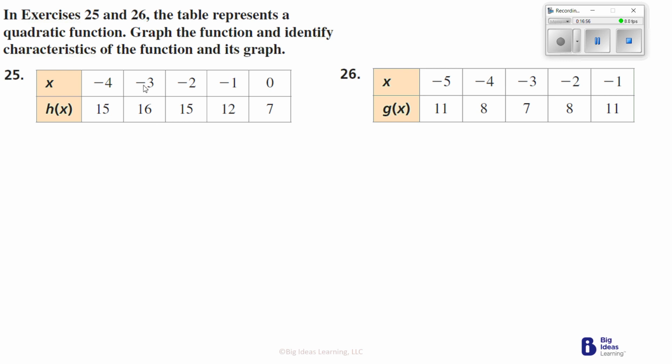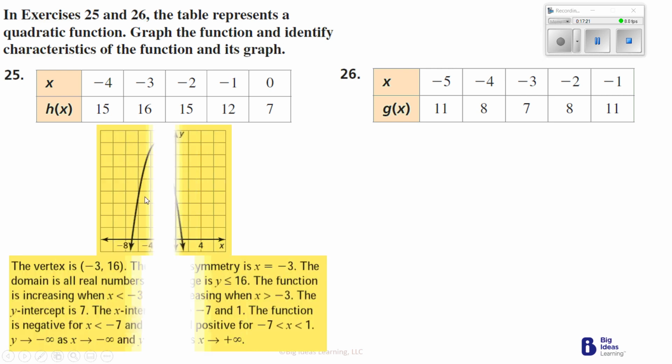Okay. I'm also going to notice what looks like, let's see, when x is negative 4, y is 15, and negative 3 is 16. So I see that negative 3 here goes here, and negative 1 here goes here. So graph the function and identify the characteristics.